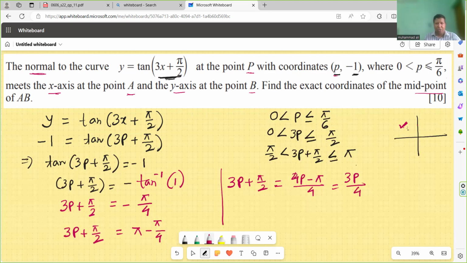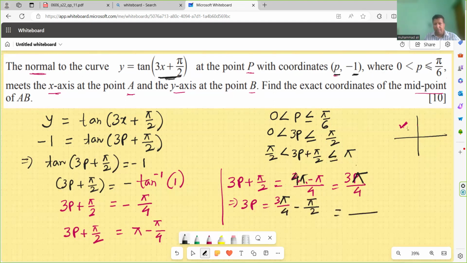Again, if we subtract pi by 2 to get 3p, it will be 3 pi by 4 minus pi by 2.